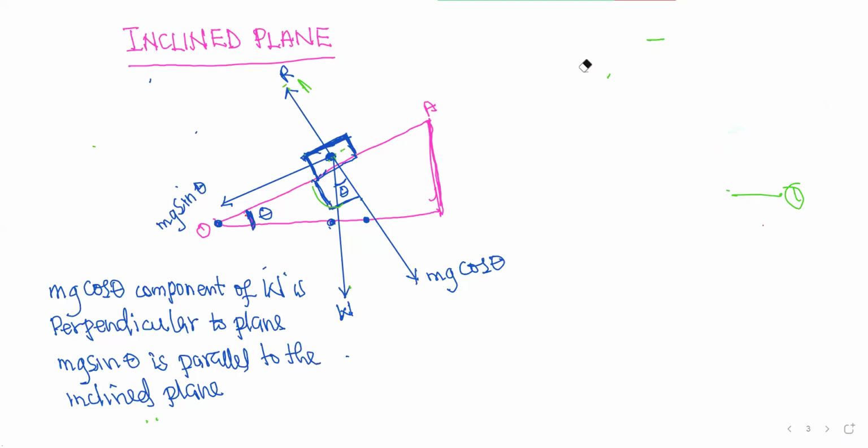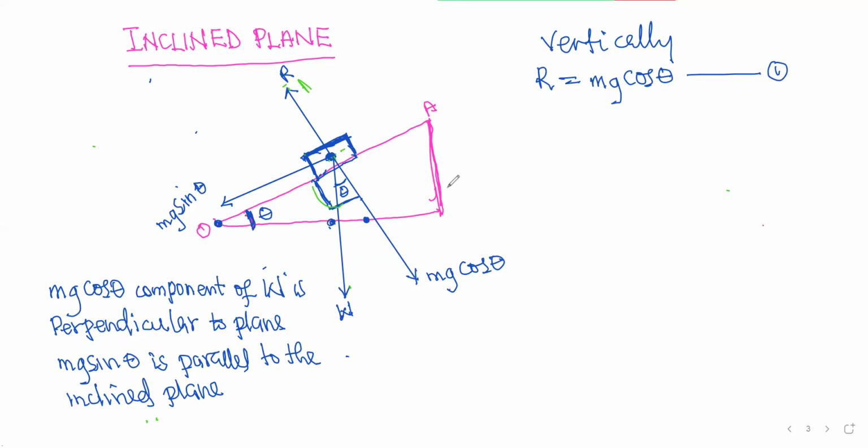Now, if we look at the total forces, upward and downward, on the body on the inclined plane, we see that vertically, the normal reaction R is balanced by the downward force mg cos theta. And because of this balance, no movement would occur vertically. There will be zero acceleration vertically because there is a balance.